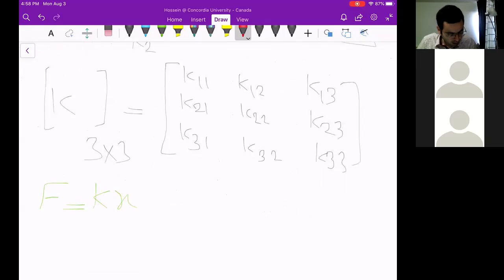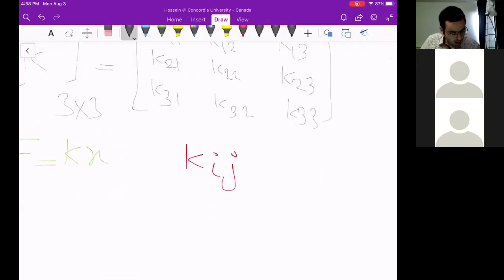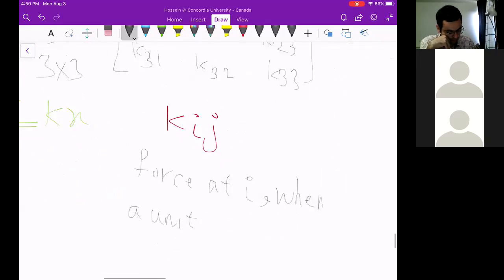So basically Kij is defined as the force at I when a unit displacement is applied at J. This is going to be the stiffness at ij.